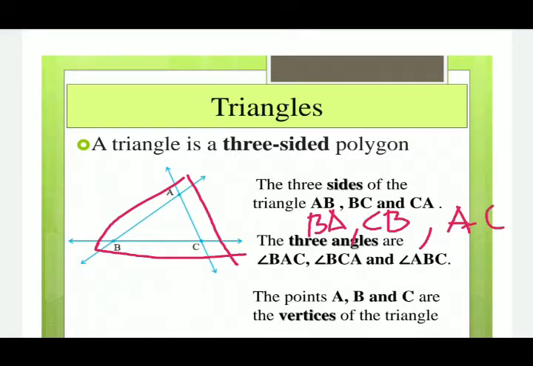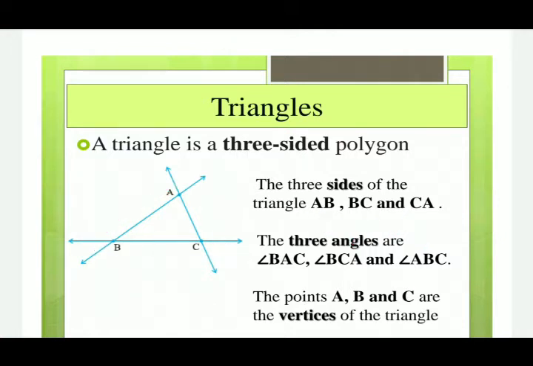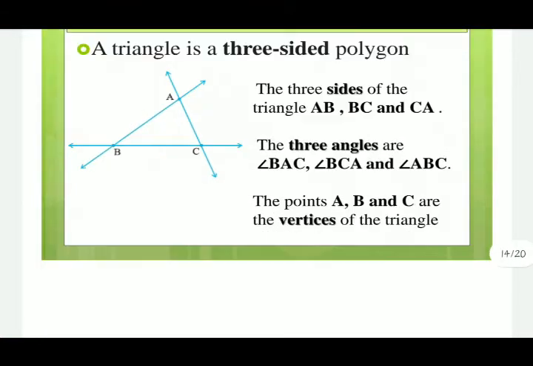Anything you can write for one side. So the three angles are angle BAC, angle BCA and angle ABC. Now in a triangle there are three angles. The points A, B and C are vertices of the triangle.